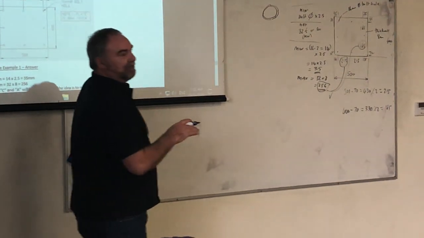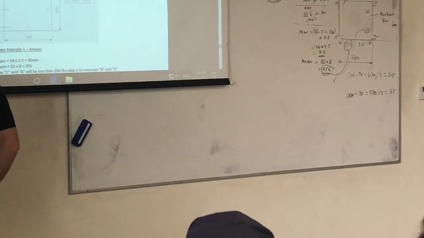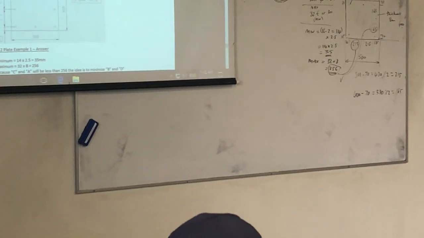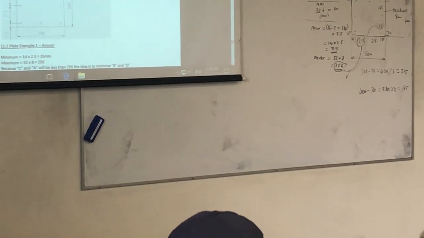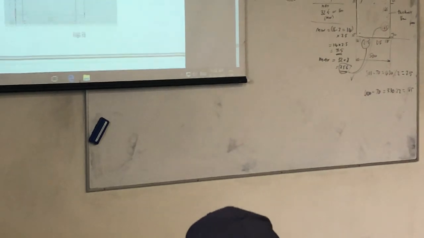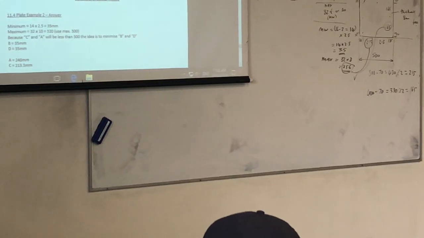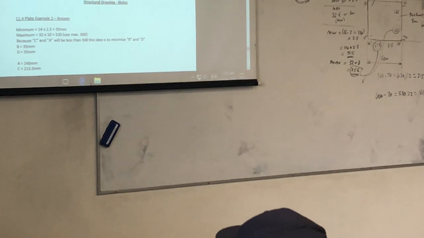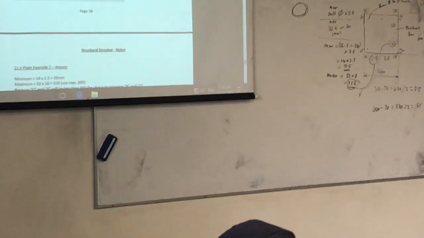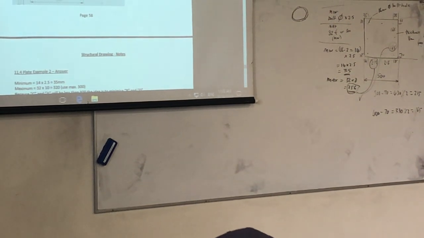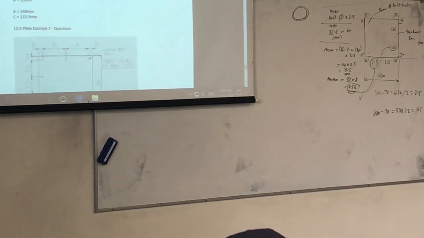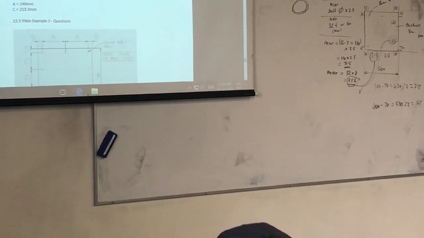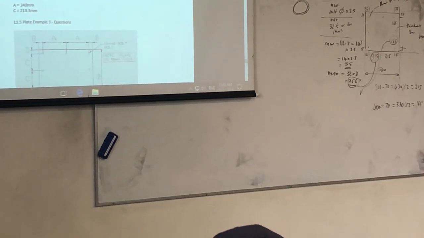So in this particular case, we didn't have to do anything. We just did some maths and worked out what they were. And it's the same with the next example as well. With the next example, the only difference is it's a 10 mil thick plate. And to work out the maximum and the minimum, the 10 mil thick plate is 32 times 10, 320.